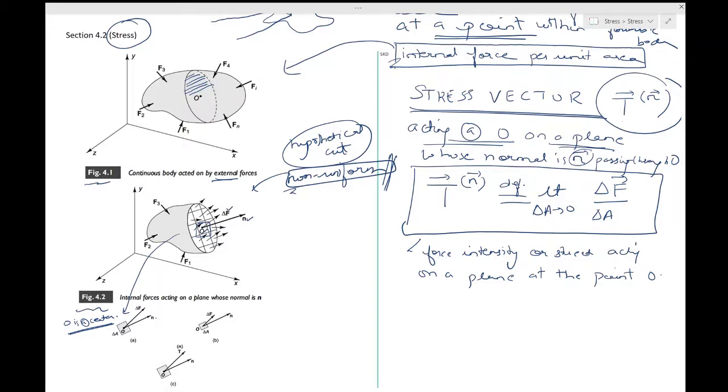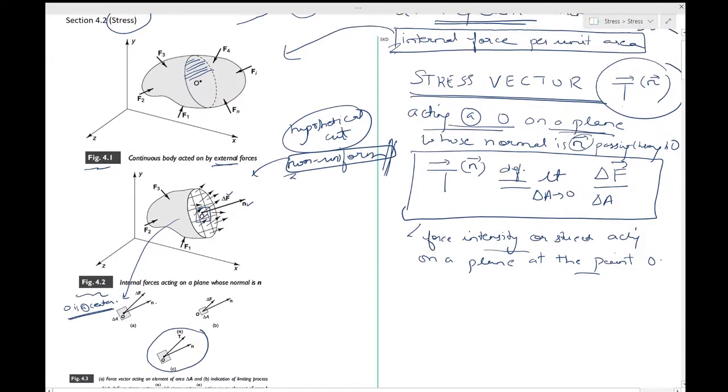Okay, so we have used this notation, and I have repeated that as well. We have used this notation for the force intensity to emphasize that T superscript n is a vector and that it acts on a plane passing through the point O whose normal is n, like figure 0.43c, this figure. So this definition must be learned with this diagram. There cannot be a doubt about this ever.